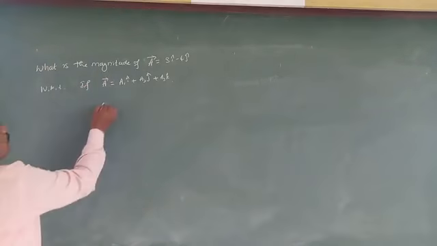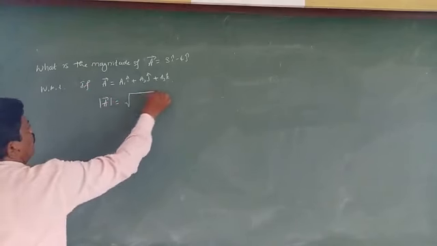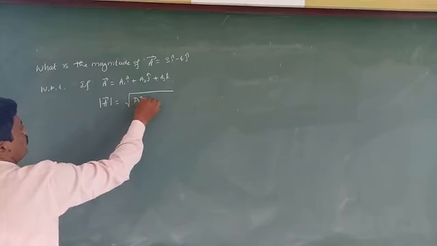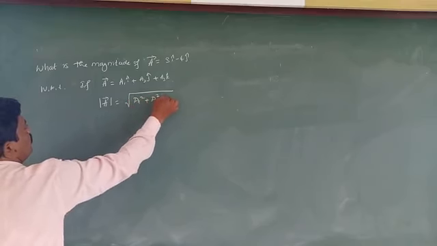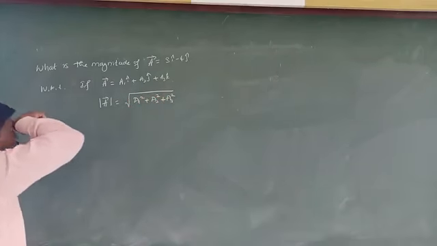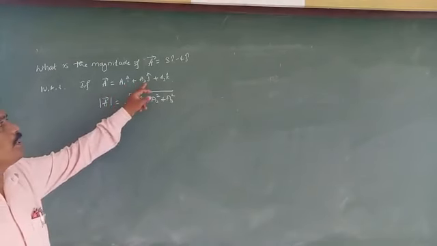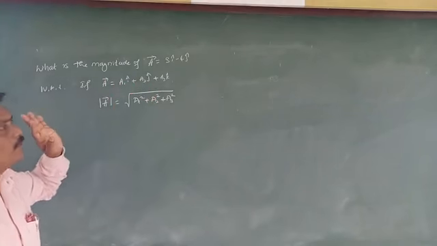Then the magnitude of the vector is square root of A1 square plus A2 square plus A3 square, where A1, A2 and A3 are the x, y and z components respectively.